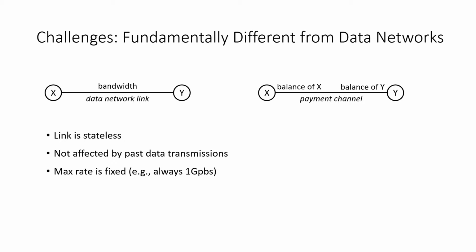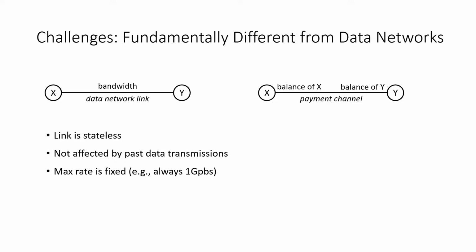For example, here we have a two-link model of the data network and payment network. A data network is just two nodes connected by a link with some bandwidth. They have very nice and simple properties. They are stateless, right? Their status is not affected by data transmissions. What does it mean?